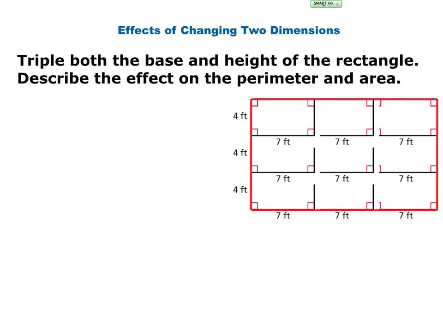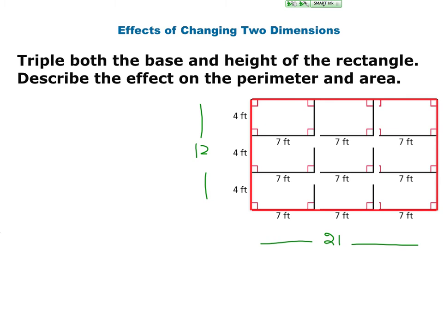So let's try both. If we triple the base and the height, so we're making it 3 times taller and 3 times wider. What's the new perimeter? Now the height is 12, and the width is 21.